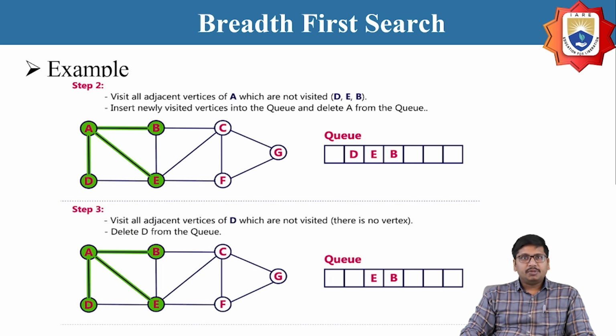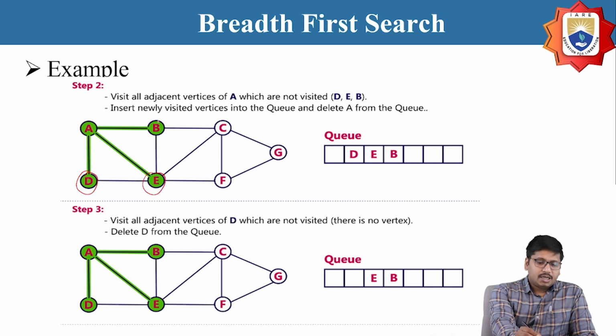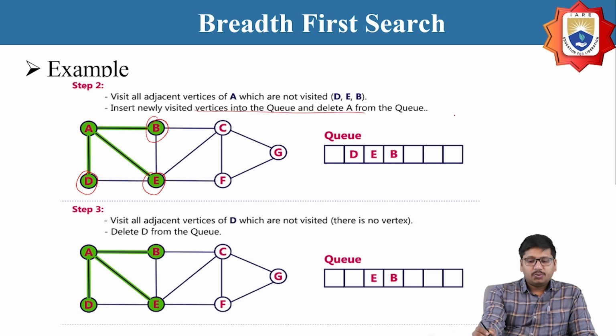The second step is to visit all adjacent vertices of A which are not visited. The vertices adjacent to A are D, E, B, which are not yet inserted. So insert the newly visited vertices into the queue and delete A from the queue.